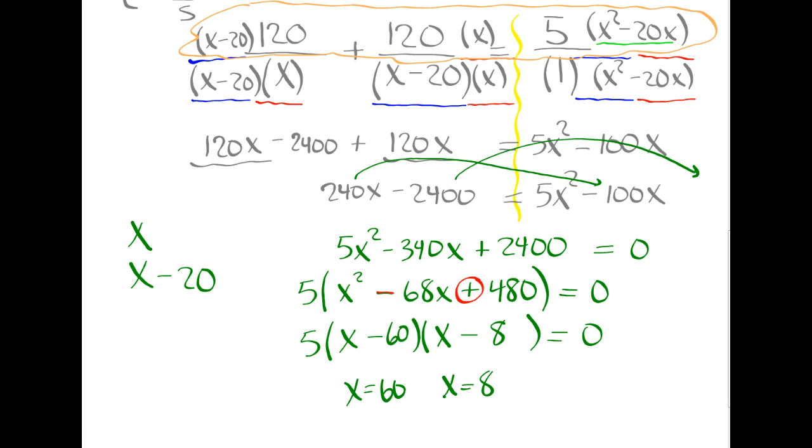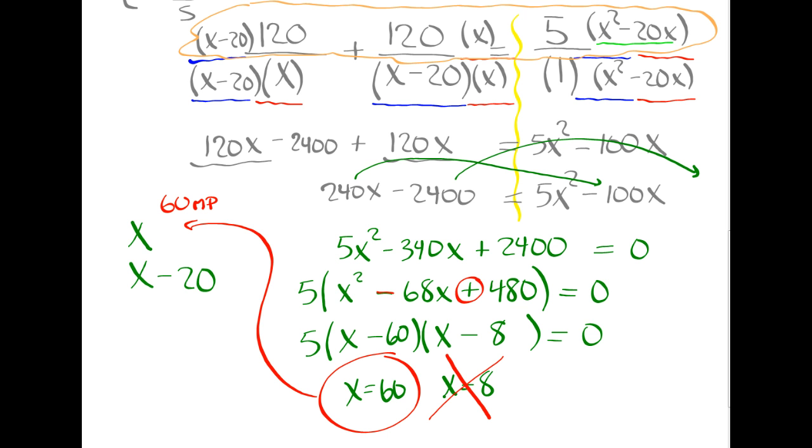And it is for that reason that I'm going to ignore that 8 as one of my possible solutions because it gives me a negative speed. And I will determine that 60 is the miles per hour of the train there, and 20 miles an hour slower on the way back would be 40 miles per hour.